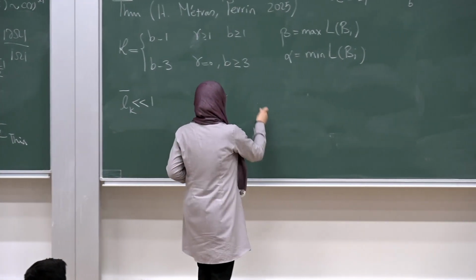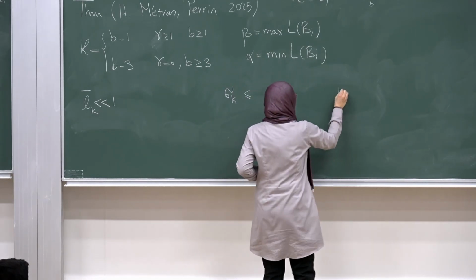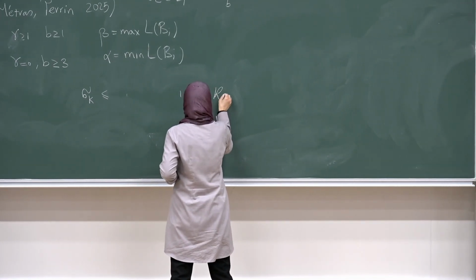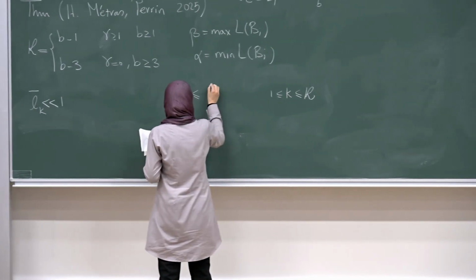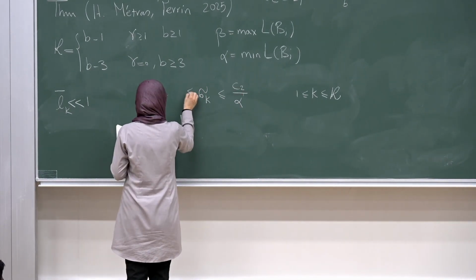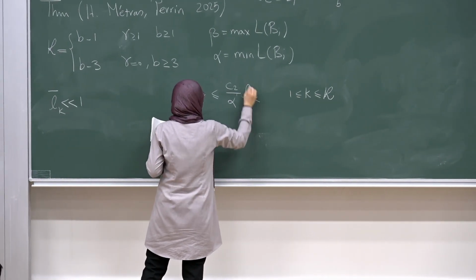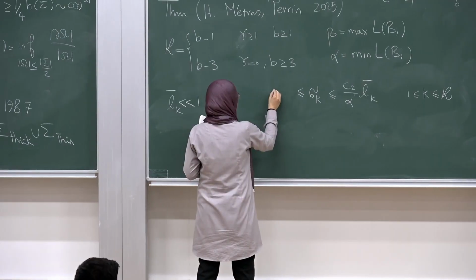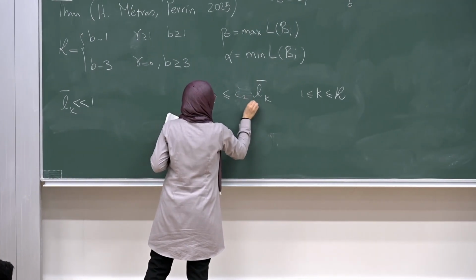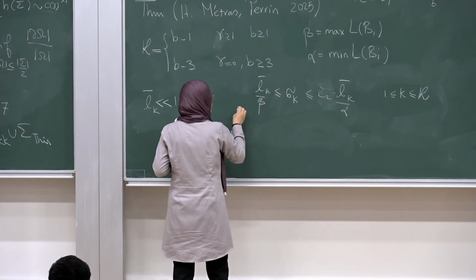In that case, sigma k, for k between 1 and kappa, is between C, some universal constant, over alpha, times L_k bar.